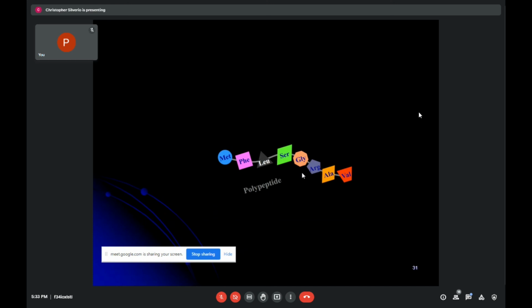Then after that, it will be released in the transport vesicle to the cytoplasm. Then it will go where? This protein will be transported where? Outside the cell.